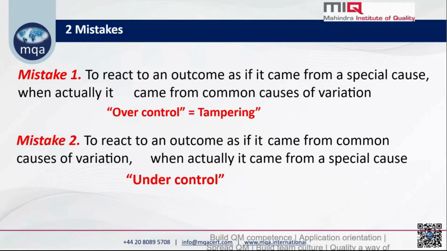The second mistake is to treat the outcome as if it comes from common cause variation when actually it is from special cause. So we ignore it. Sometimes readings go beyond the rejection level, and we think it is common cause and improve the parameters to control it, but it can be special cause also.